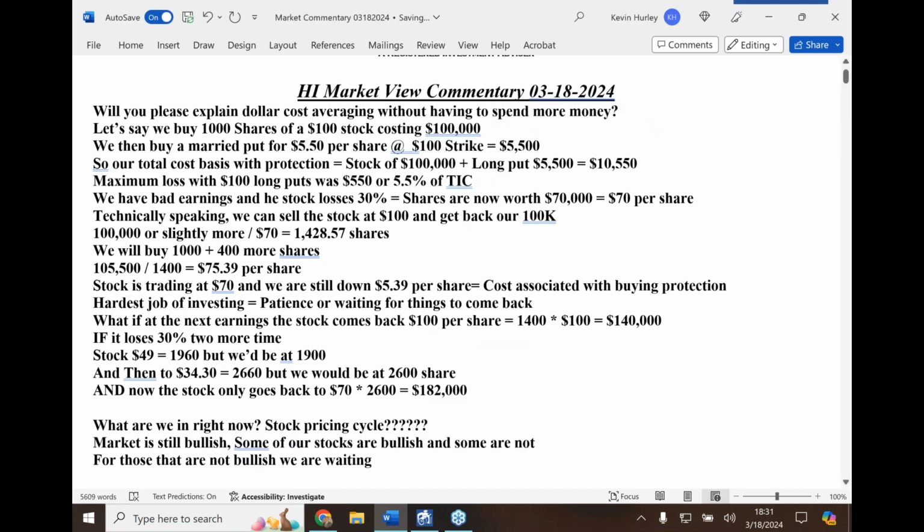Those stocks right now would be considered Bank of America, Boeing, Baidu, Disney, Ford, Square would be one. Under Armour would definitely be one.